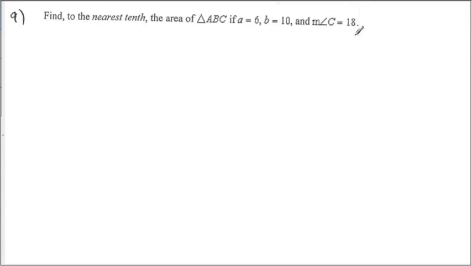Now for the area, angle C is between those two sides. So we can simply apply the formula 1/2 times 6 times 10 times sine of the angle between them, which is 18 degrees. So let's look at it.